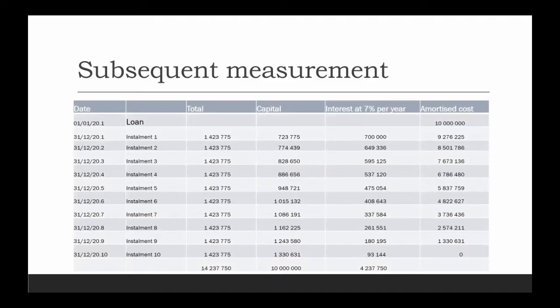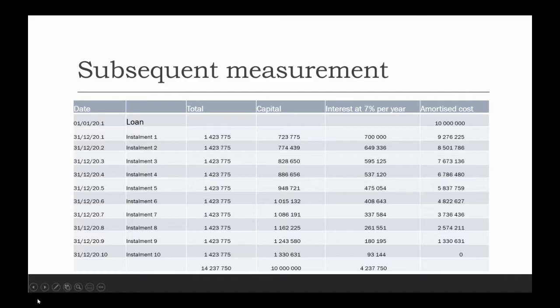You'll have your loan amount right in the beginning as your 10 million. Then for each year, you'll have 10 equal payments of 1,423,775. What makes up that 1,423,775 is your 7% of your amortized cost plus the value that you need to pay, which will be your capital amount.